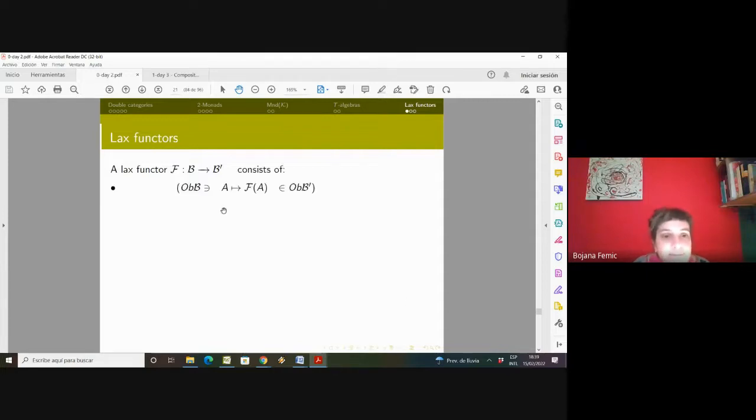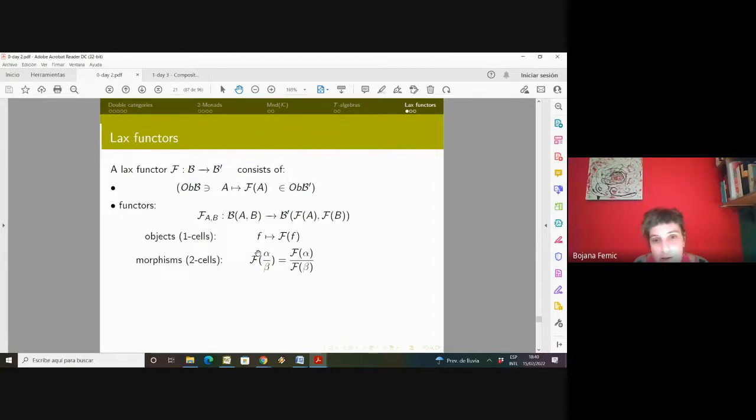A lax functor consists of an assignment that to objects gives another object in the codomain bicategory. It also has functors indexed by pairs of objects A, B. So they assign these one cells, and on two cells they behave like that because they are functors.